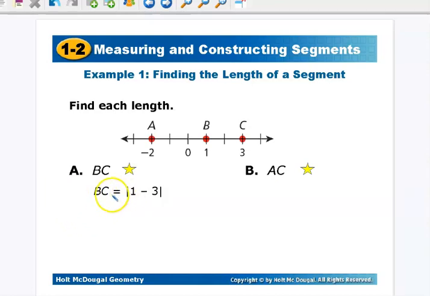If I take a look at BC, I know that B is at 1, C is at 3. So this represents the absolute value of B minus C. If I take 1 minus 3, we get -2, but the absolute value of -2, the distance from 0, is 2 units.